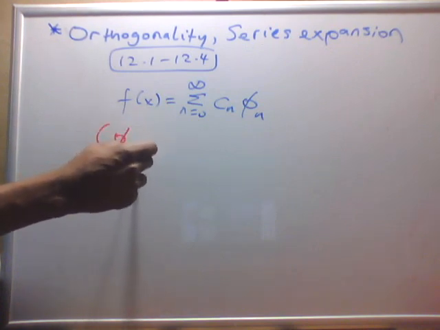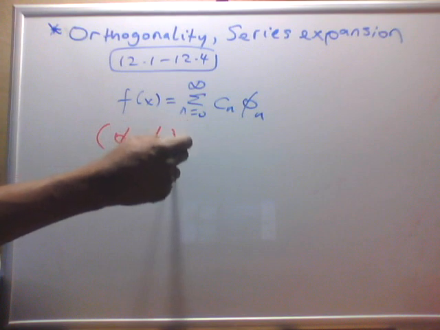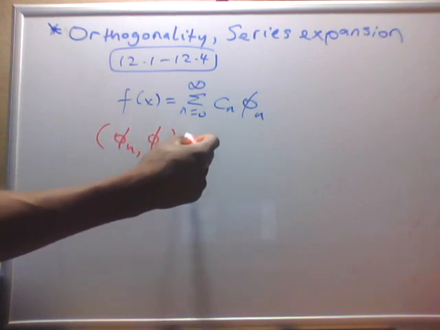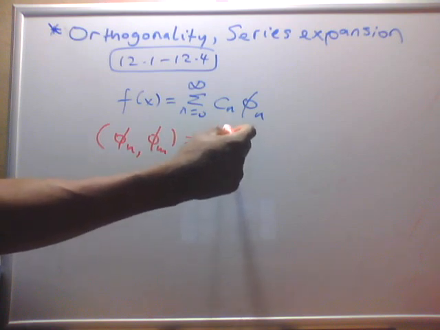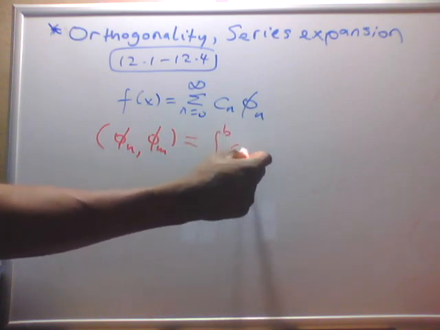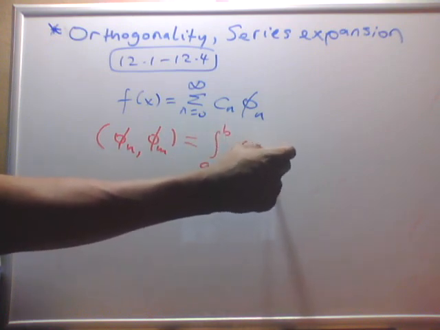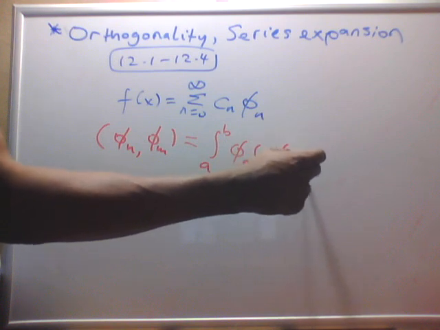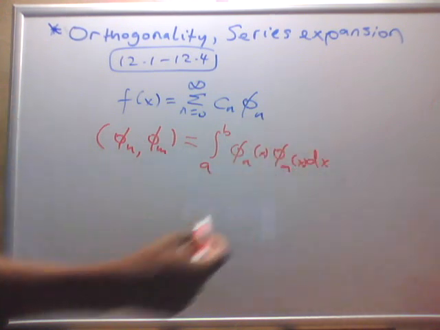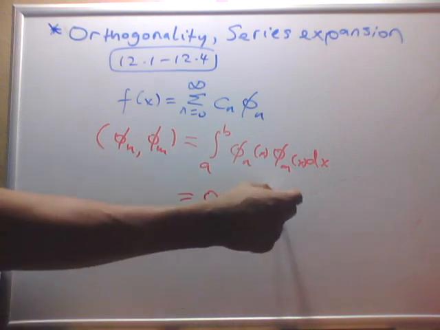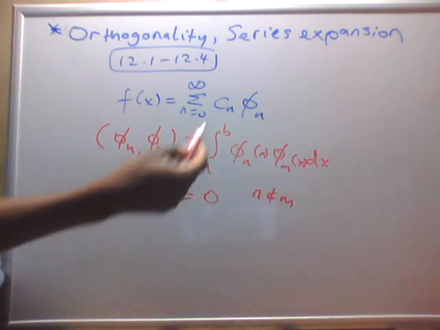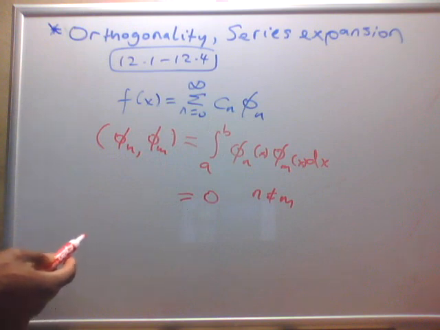If we have phi n and phi m, the inner product in an interval a, b is defined as the integral of phi n of x times phi m of x dx. And if this is 0 for n not equal to m, we have an orthogonal set.